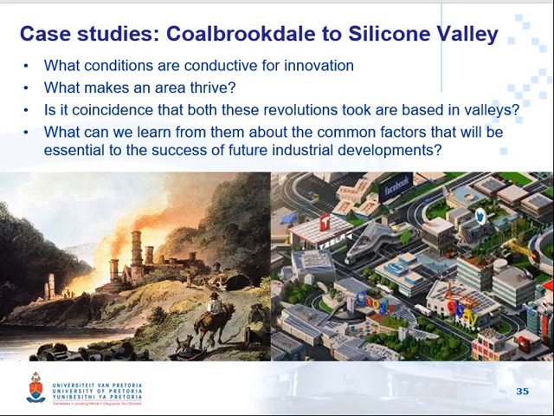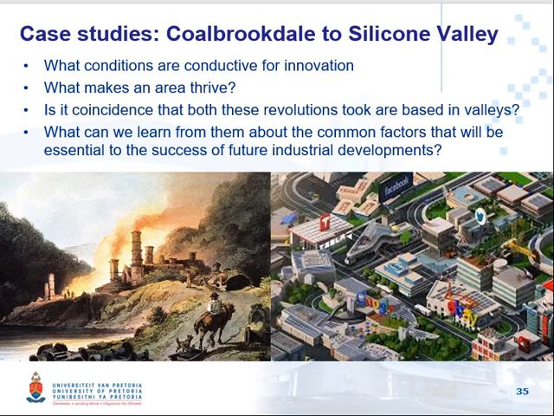Since the dawn of history, valleys have been associated with technological innovation. Natural resources have played an important part in this. In Egypt, the Nile provided easy bulk transport and a reliable food supply for the workers.